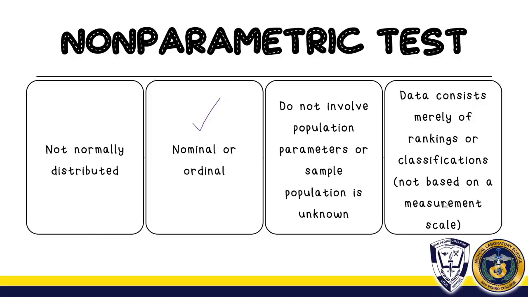Another thing to know if your data is not normally distributed is that your outliers are very evident. Do you still remember the outlier? As per definition, an outlier is a data point that differs significantly from other observations.